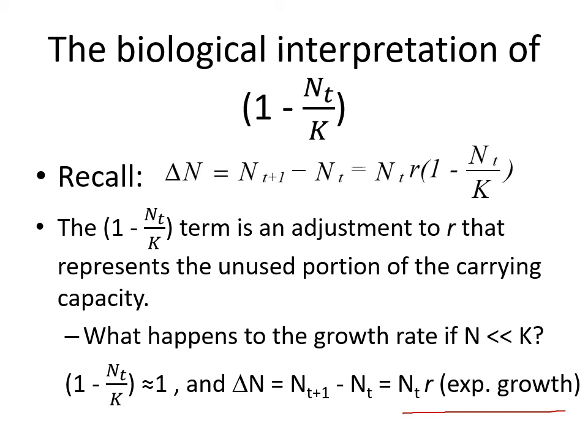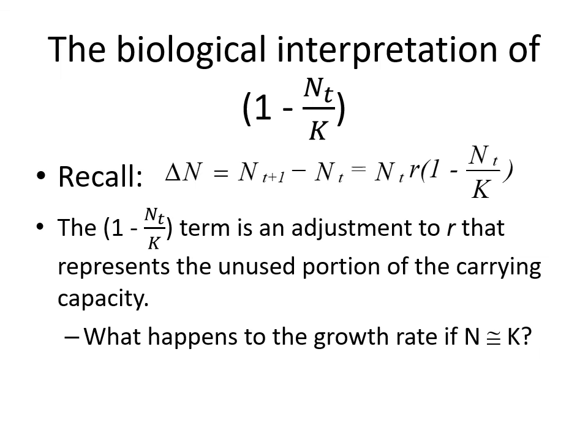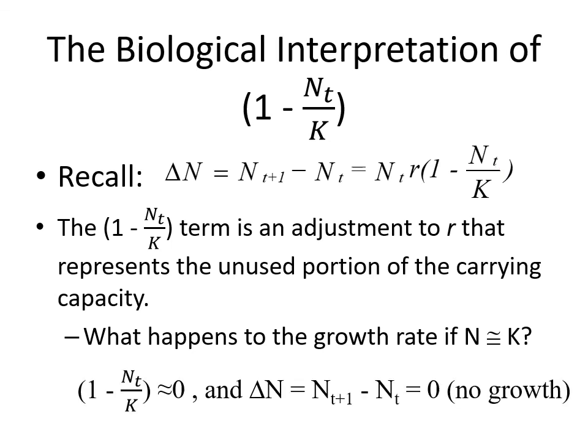So initially, in a population even growing by the logistic growth equation, it's going to grow at a rate very close to the exponential growth prediction for that population. But as N gets close to K, so now this term is close to the term in the denominator, this whole thing then becomes close to 0 because we have 1 minus something close to 1. And that's the point at which you have no further growth in the population.